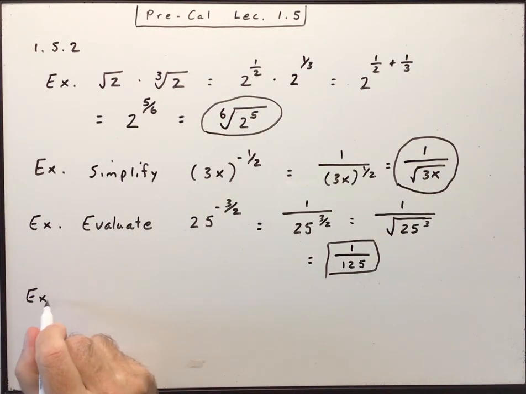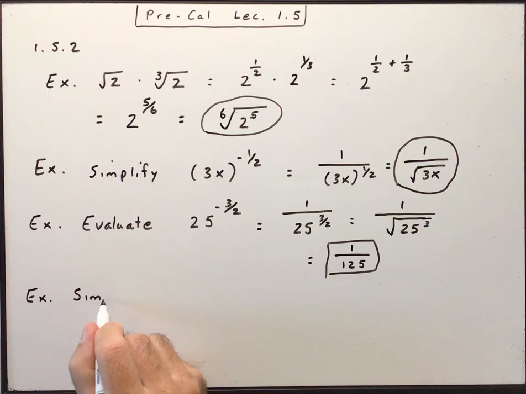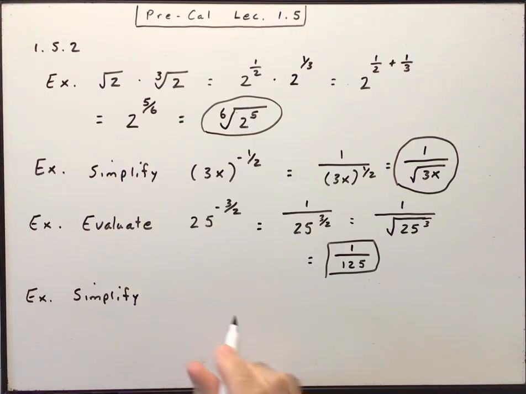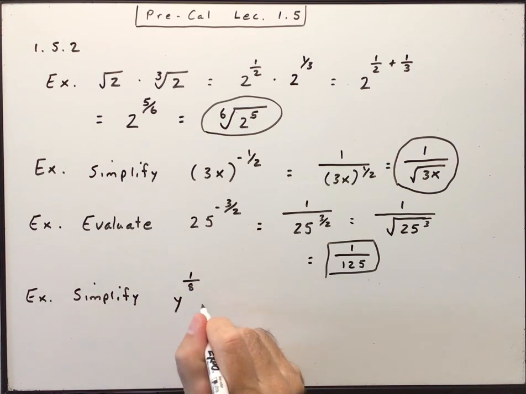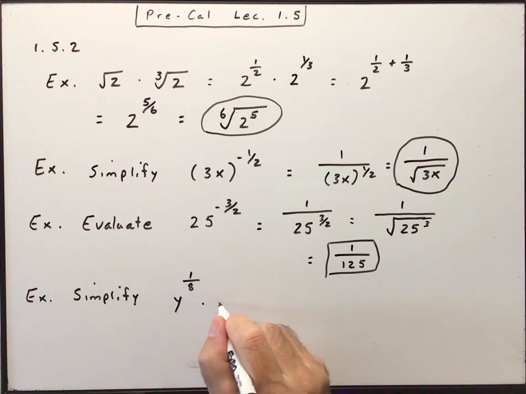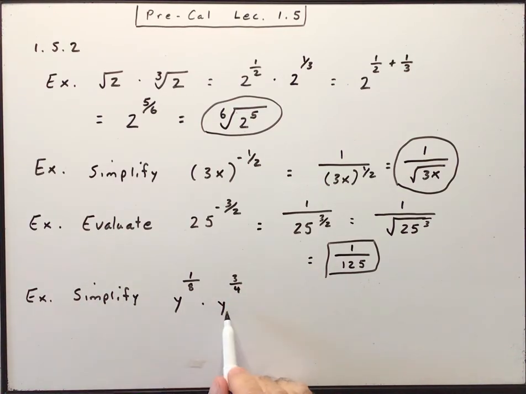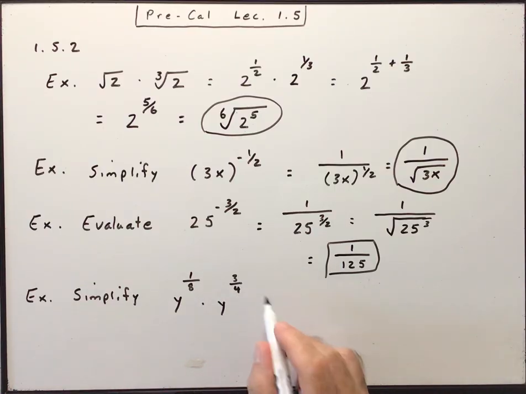All right, next example, we want to simplify y to the 1/8 times y to the 3/4. Well, what do you do when you have the same base and you're multiplying to different exponents? You add those exponents.